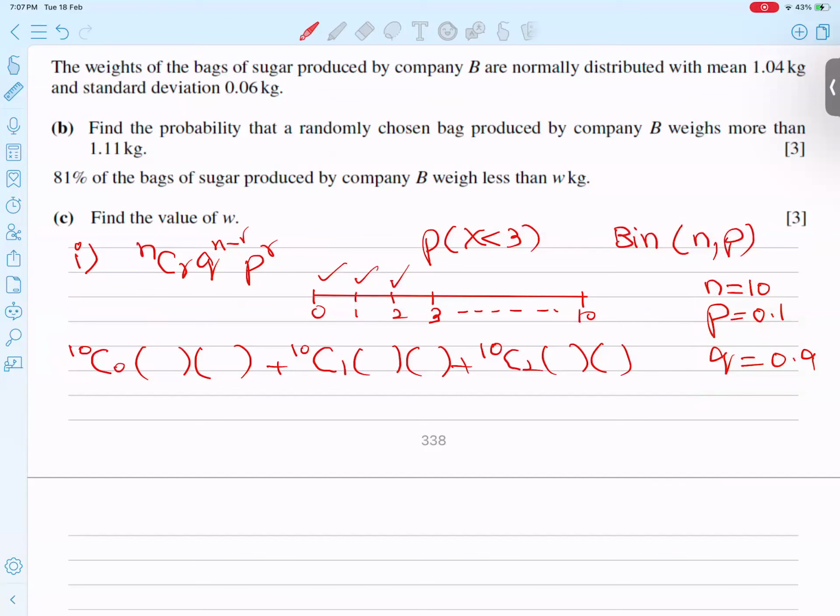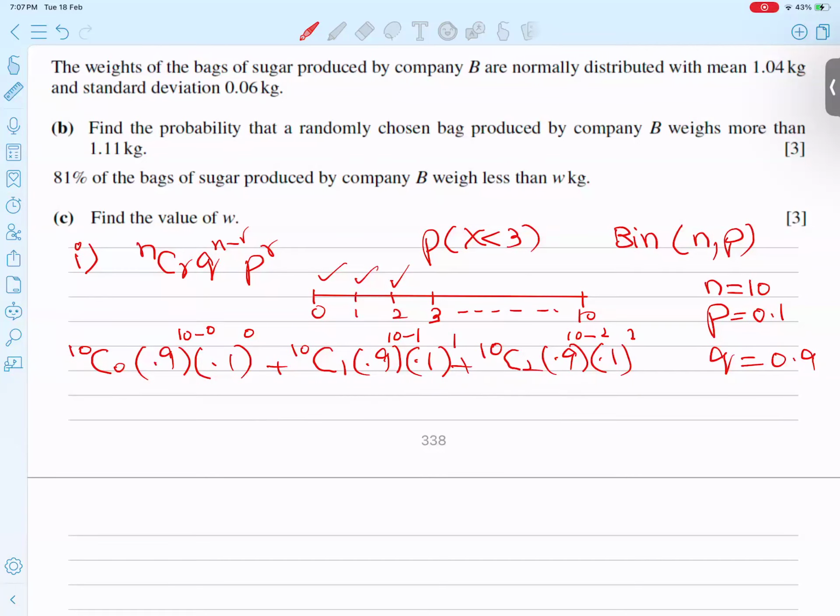In the first bracket we always write q, which is 0.9, so 0.9 in each first bracket, and 0.1 will come in each second bracket, p, because you can see the formula on the top, p is coming later. So 0.1, 0.1, 0.1. And 10 minus 0 is 10, 10 minus 1 is 9, 10 minus 2 is 8.